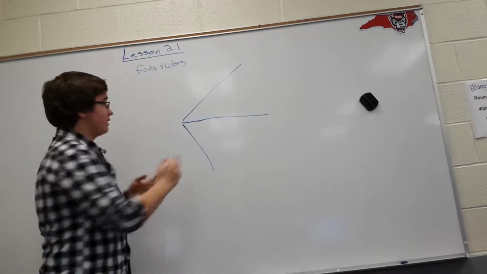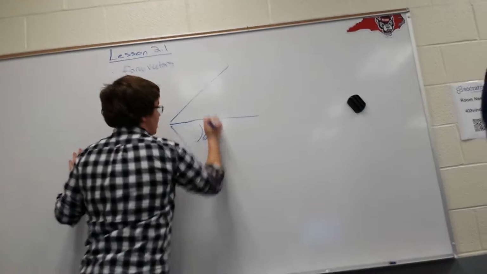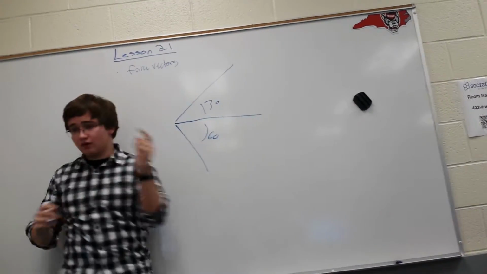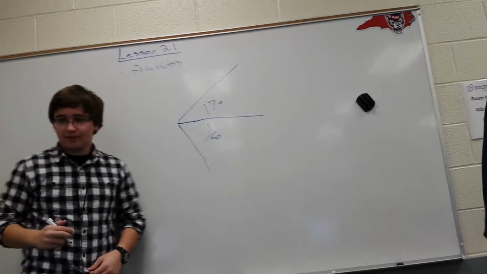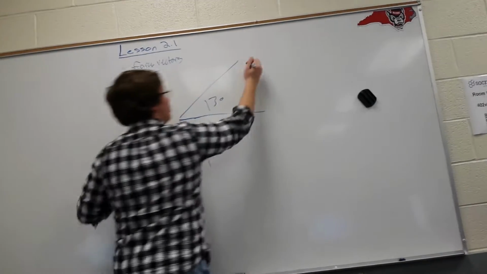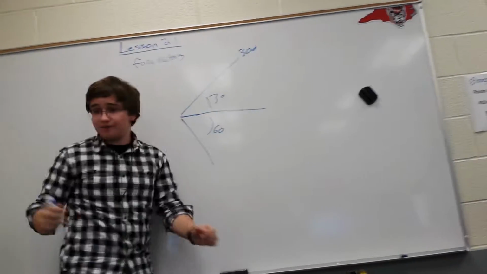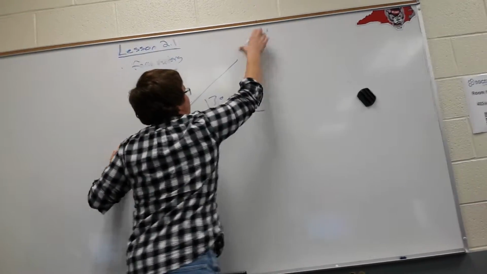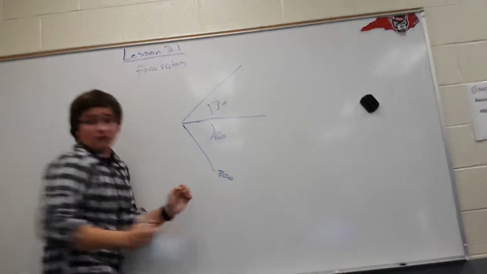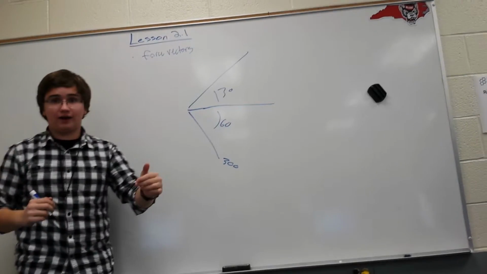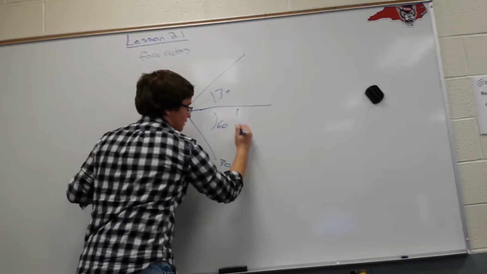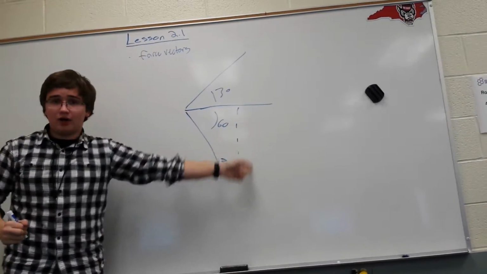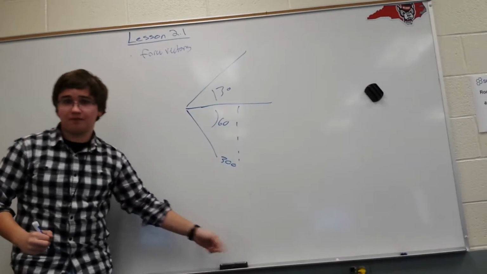Let's say this is 60 and this is 30. You're given the power for each, and you need to find how much it's being pulled in one direction.